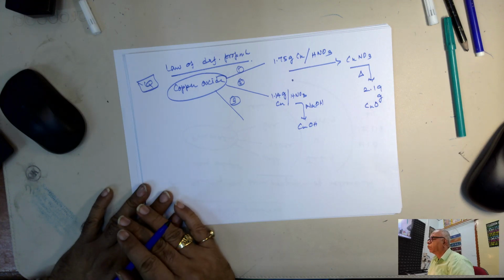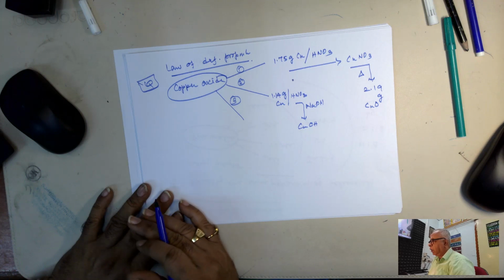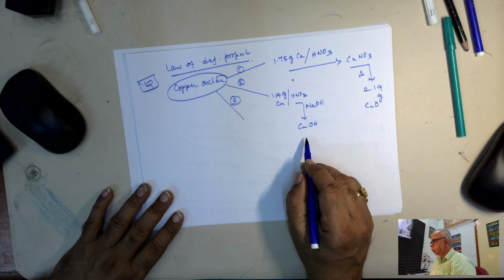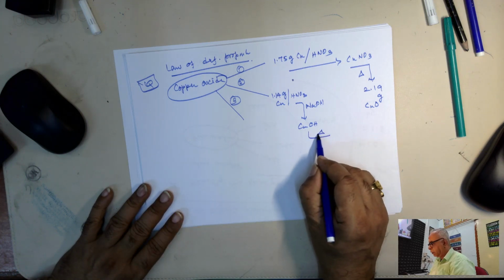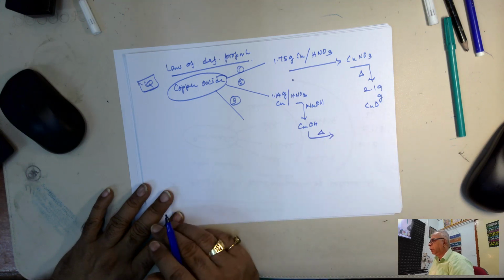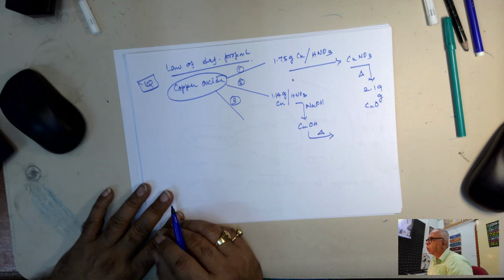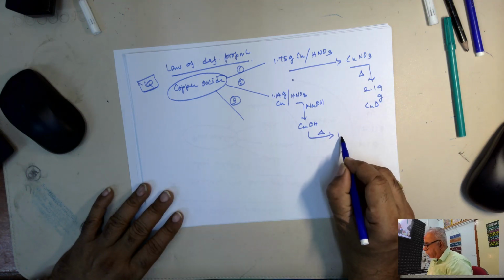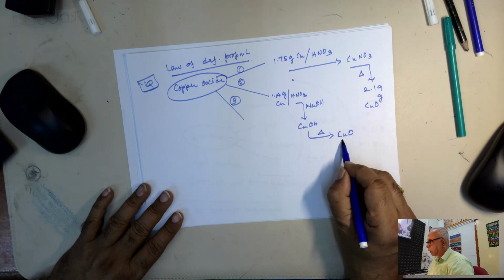From this, after washing, drying, and heating, you are able to get 1.43 gram of copper oxide.